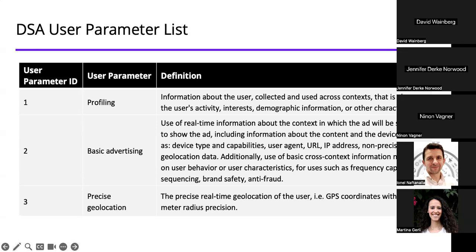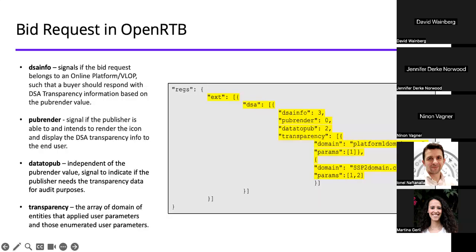So OpenRTB is the initial mechanism for communicating the necessary DSA information between parties in the ecosystem. On the right-hand side, you can see a sample of what the bid request looks like. The idea here is that this is an extension of the regs object within OpenRTB. And there's a couple of different attributes included in the request extension.